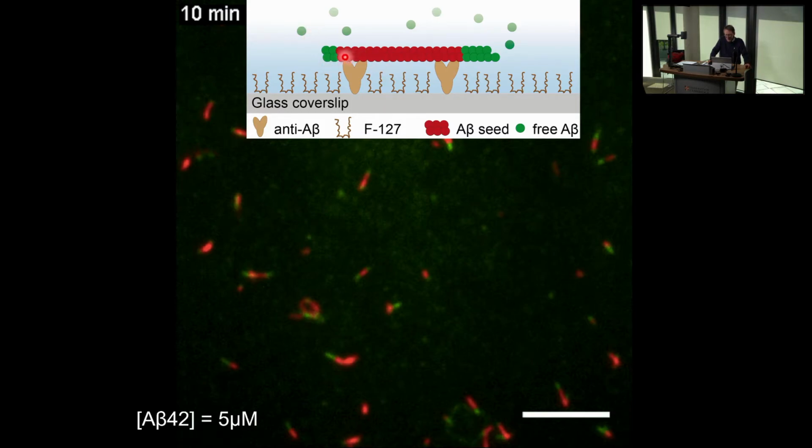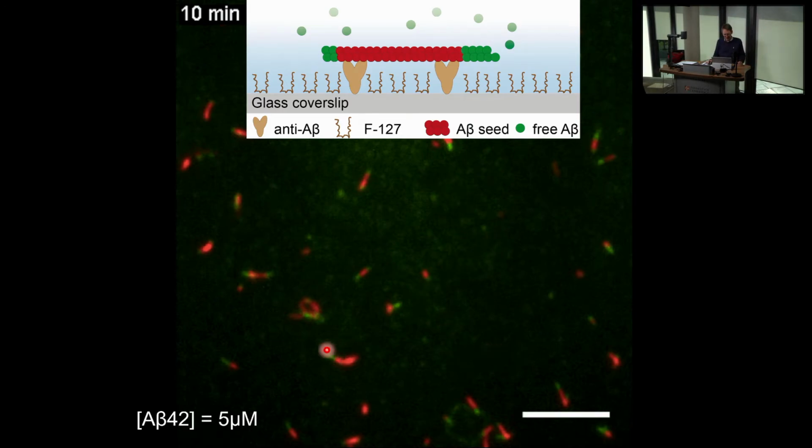He took little fibrillar pieces of amyloid beta, labeled them with a red fluorophore, and stuck them down with antibodies onto a glass coverslip, and then incubated the coverslip in a solution containing monomers of the same protein. And then he watched how these proteins latch on and grow into these fibrillar structures.